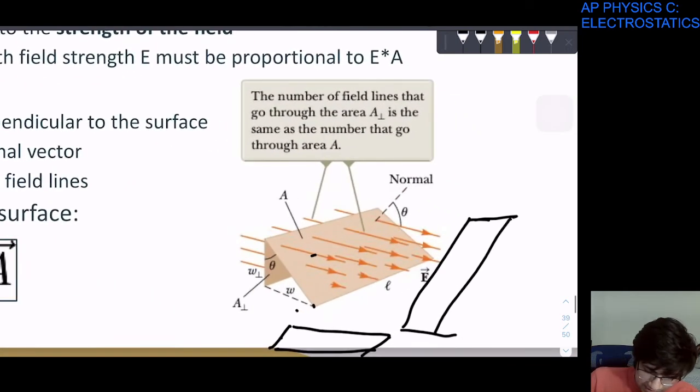So if your normal vector is completely parallel to your electric field, this is the case where your electric field lines are going this way and your surface is perpendicular. That means that your normal is also going to be in the same direction as your E field, the angle between those two is 0, so the cosine is going to be 1. So that means you have full capture.